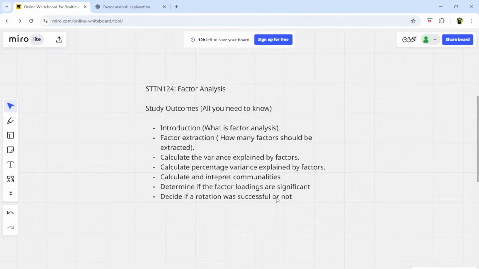What is factor analysis? If we track back a little bit, in study unit 1 we learned that we can determine the value of the dependent variable, the y variable, given the independent variable, the x variable. And we also learned in multiple regression that we can have more than one independent variable, like x1, x2, x3, and x4.